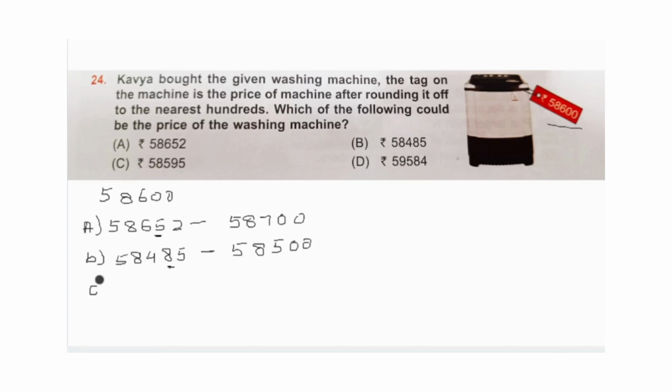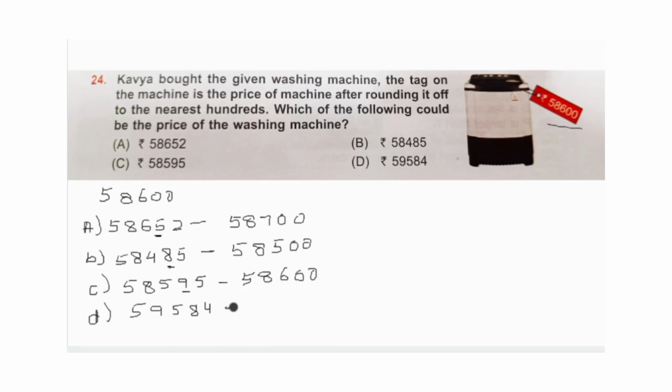Now let's see option C. The price tag given at option C is 58,595. Let's round this to the nearest 100. Since it's the nearest 100, let's look at the tens position. The tens position is 9, which is greater than 5. So the answer is going to be 58,600. Now let's look at option D. Option D is 59,584.